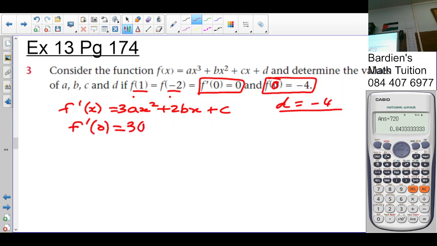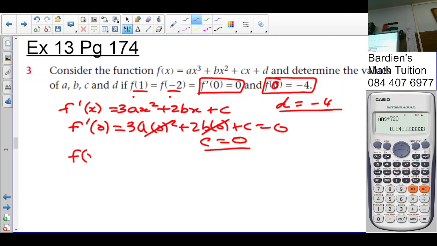So 3a times 0 squared plus 2b times 0 plus c is equal to 0. So what does that mean? That means c is also 0. So in other words, I need to solve for a and b. So my equation now reads f of x equals ax cubed plus bx squared, c is gone, minus 4.